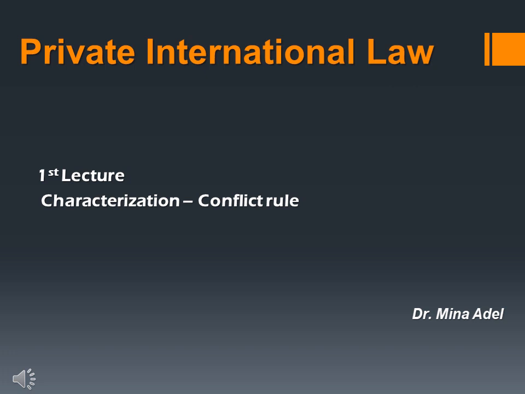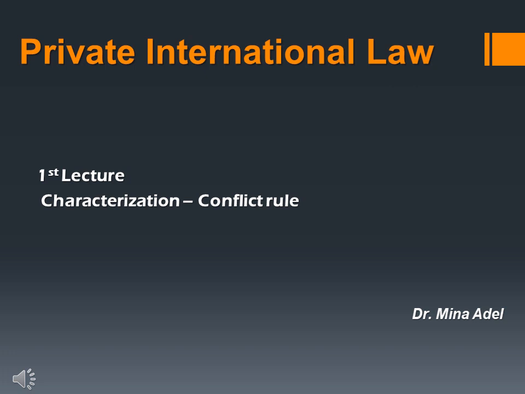Then we will check something else, a new section, which is called the conflict rule exclusion. So what does that mean? That means that we have some tools which will exclude completely the conflict rule.